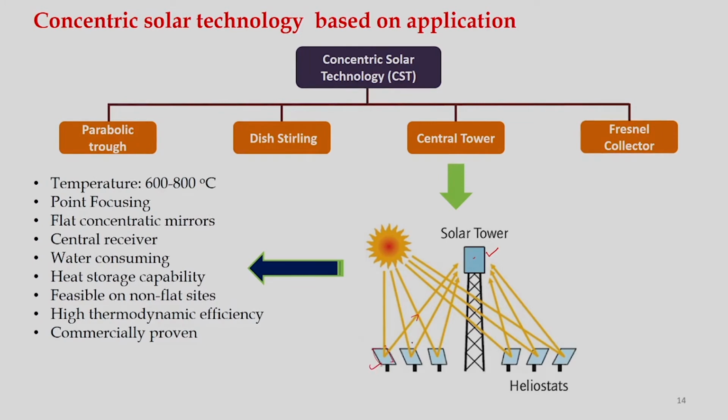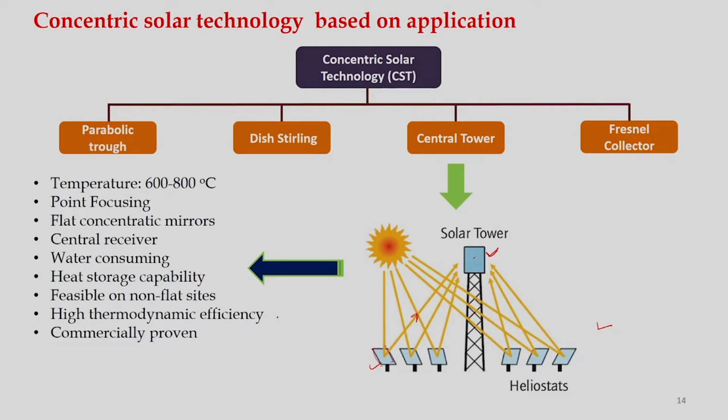Of course, these systems can also be used for reflecting the sun rays, and it is a central receiver, only one receiver will be there, and water consumption is very high in this kind of arrangement, and heat storage capability is there in this technology, because while operating it generates enormous heat that can be stored, and the same can be applied whenever required.